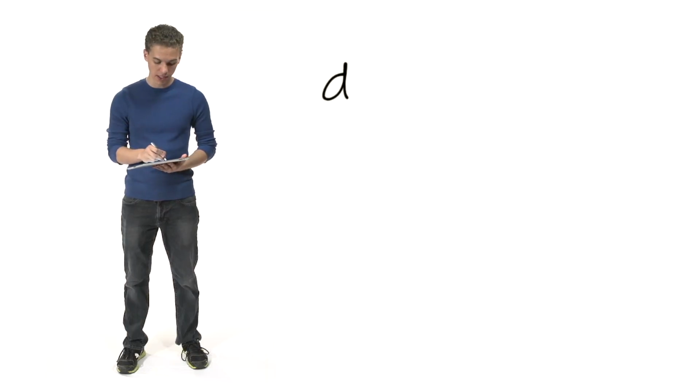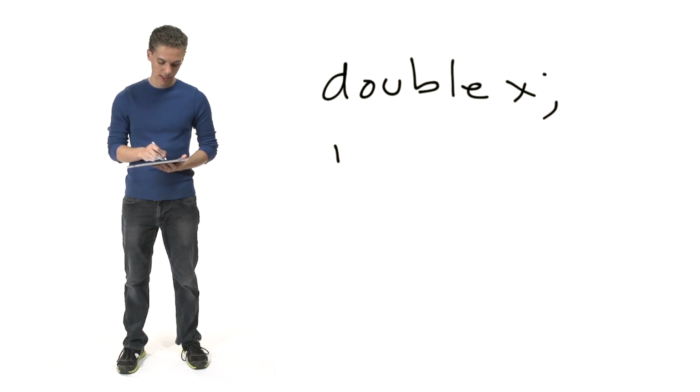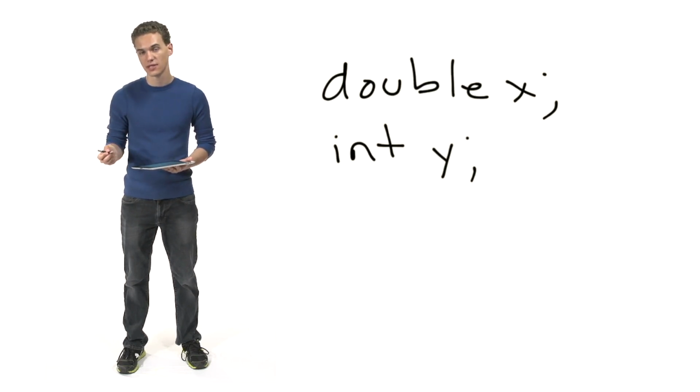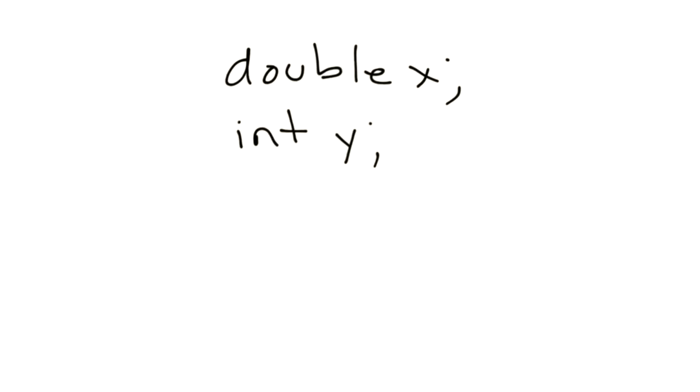Implicit casting also allows us to assign variables of different types to each other. We can always assign a less precise type into a more precise one. For instance, if we have a double x and an int y, and these could have any values that we set them to, we can say x equals y because the double has more precision than an int, so we won't lose any information.